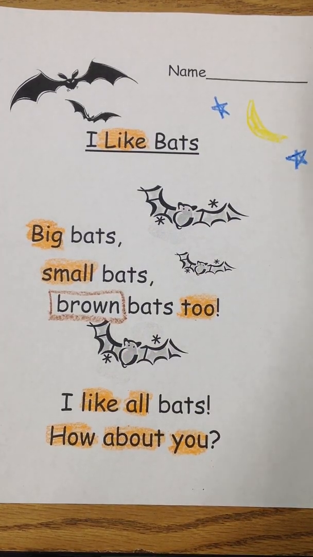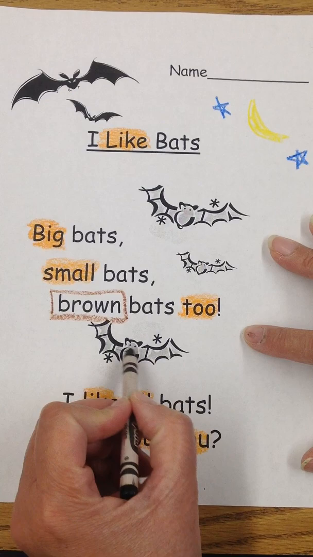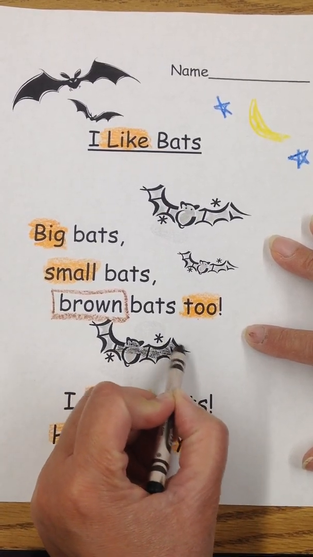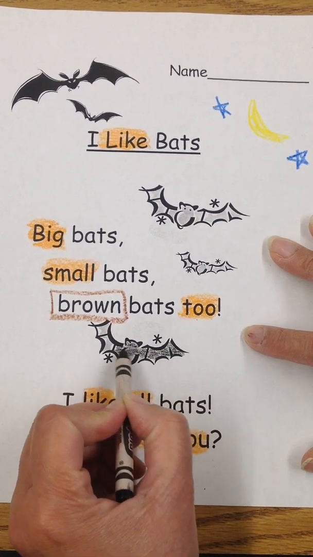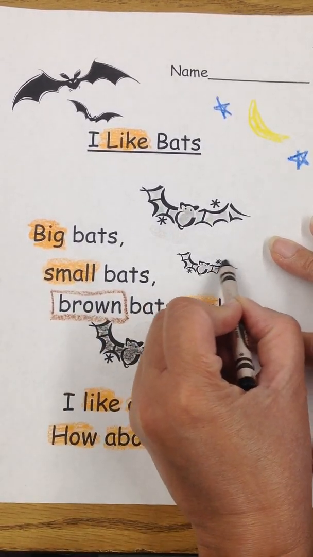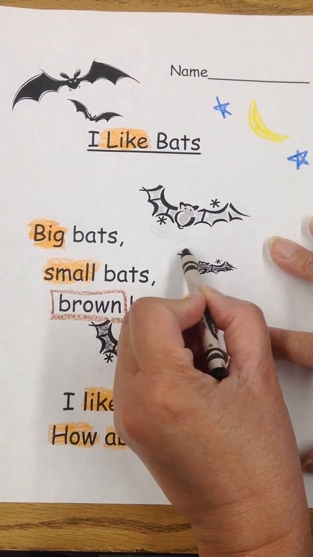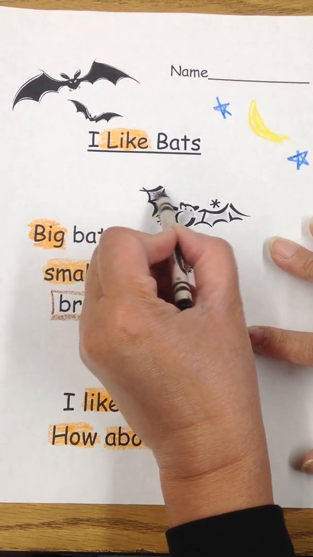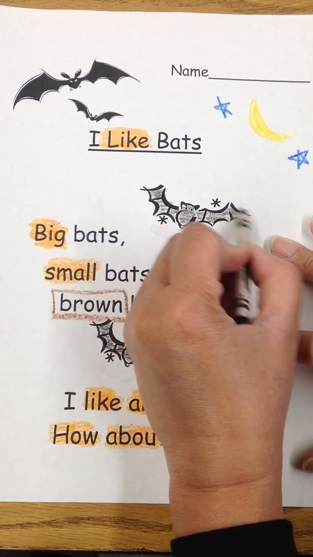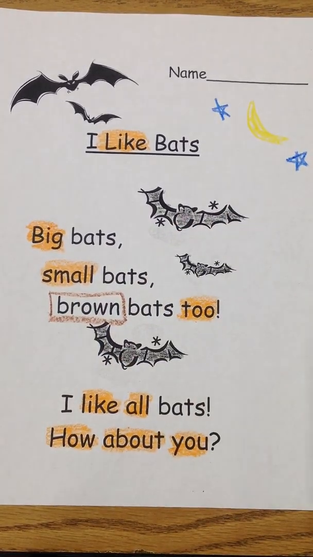Bats can be brown or black, so I'm going to color mine black, but you can also have them brown. Okay, and now you have it colored and decorated.